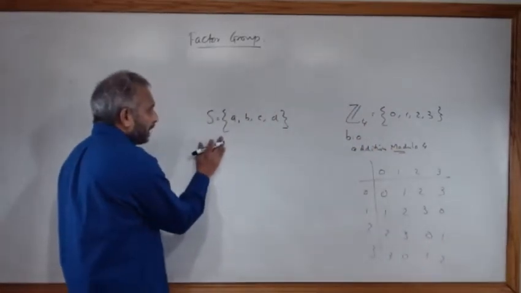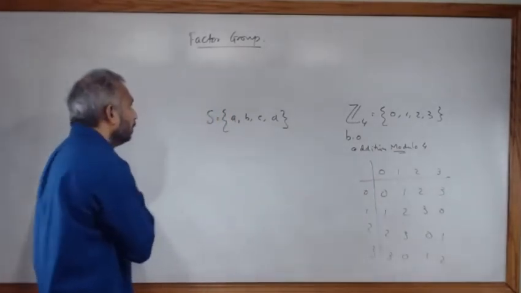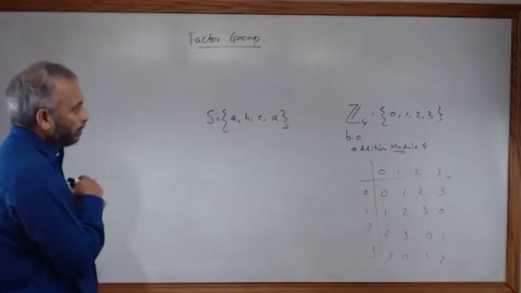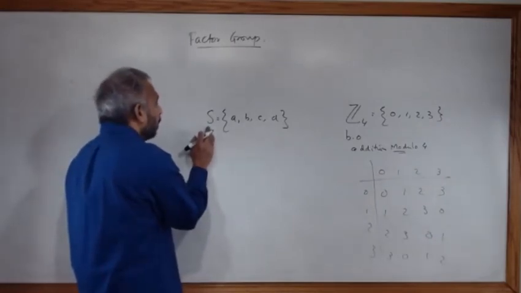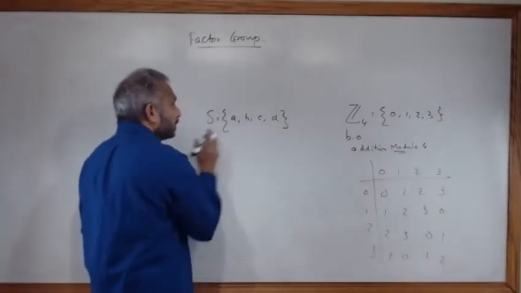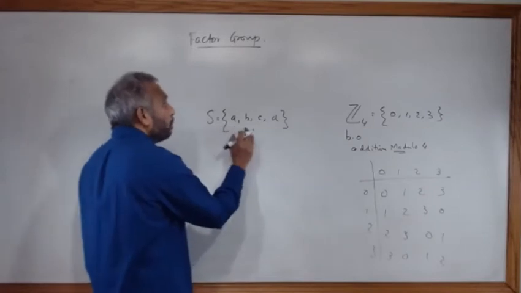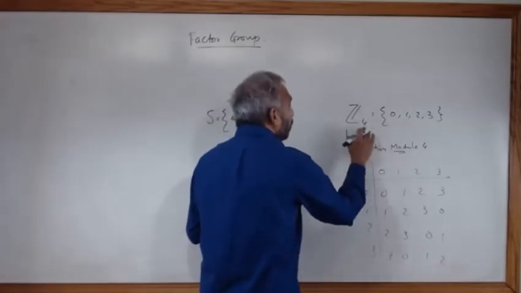We need to construct a table like this. Then only this will become a group. So our objective is to build a group structure on these elements based on an already known group structure.